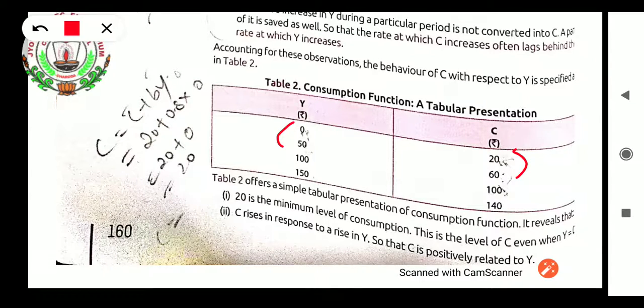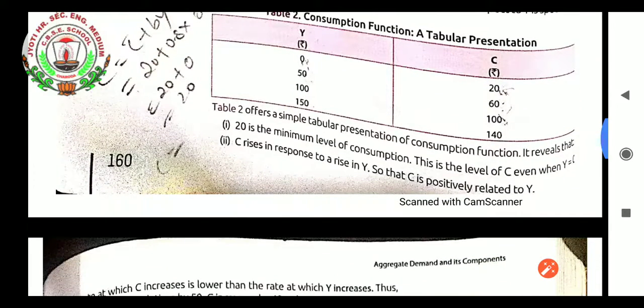Then from 50 to 100, 50 more units of income have been added. There we can see the consumption has increased 40 more units, that is 100. Now from income 100 to 150, we can see the consumption has increased in parallel, that is 140. Table 2 offers a tabular presentation of the consumption function.